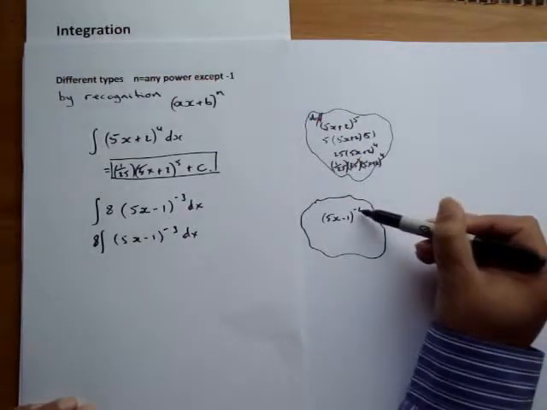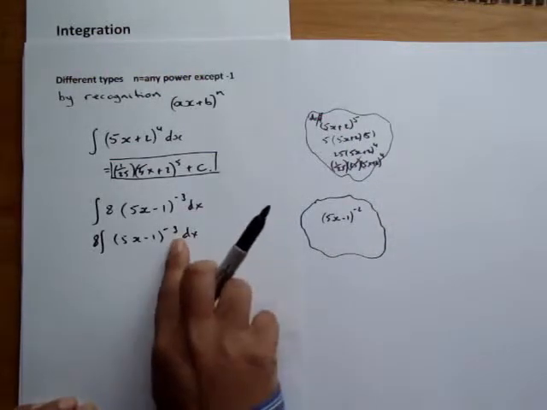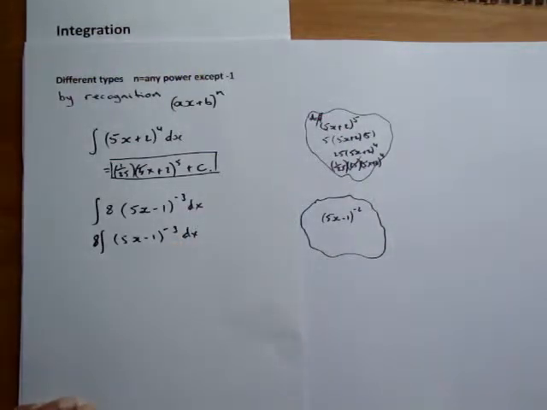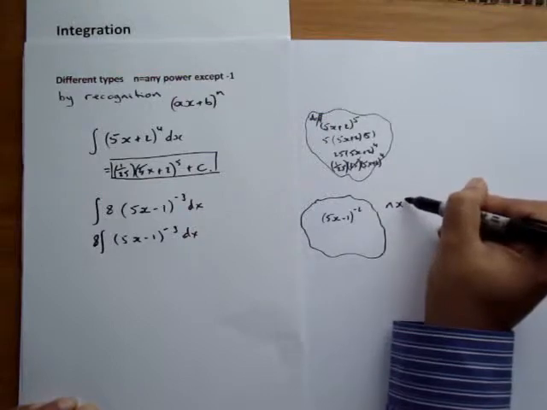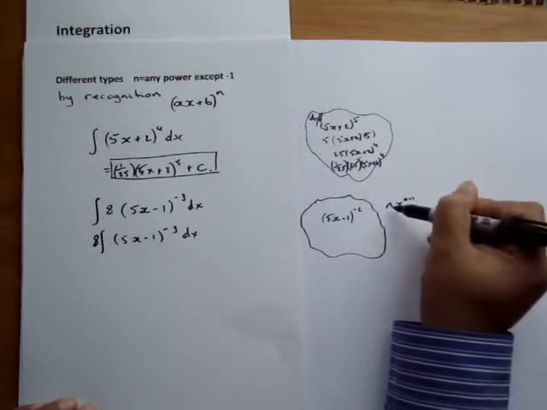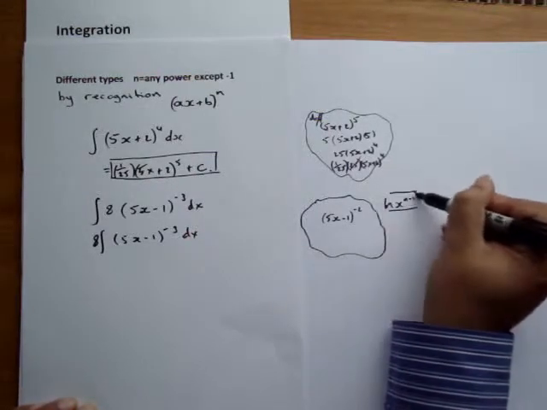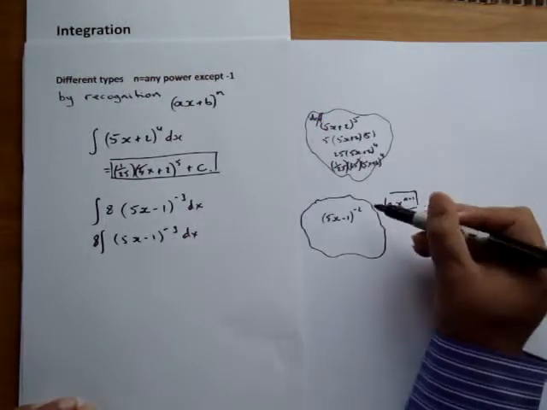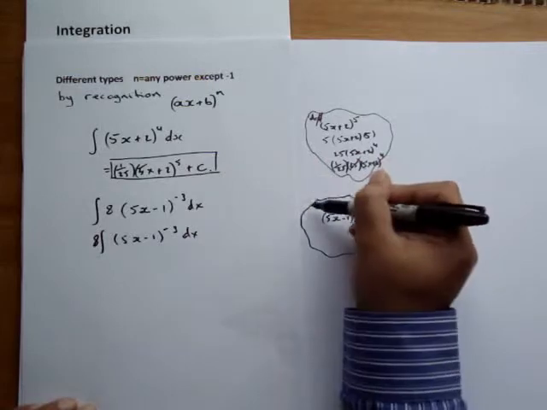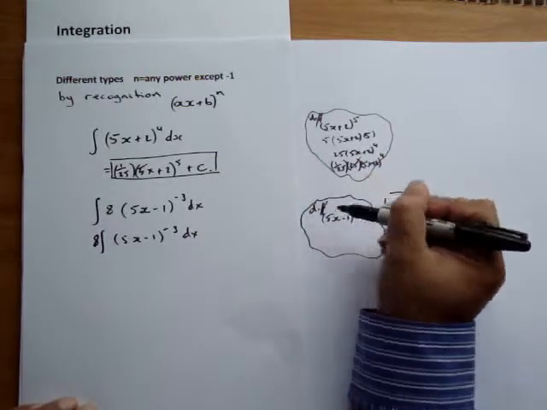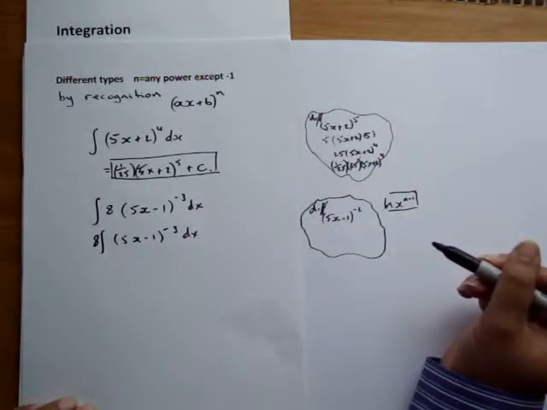When we differentiate -2, we get -3. Remember, it's nx^(n-1) is the rule for differentiation. So -2 minus 1 is -3. So that would take us back to the original integrand.